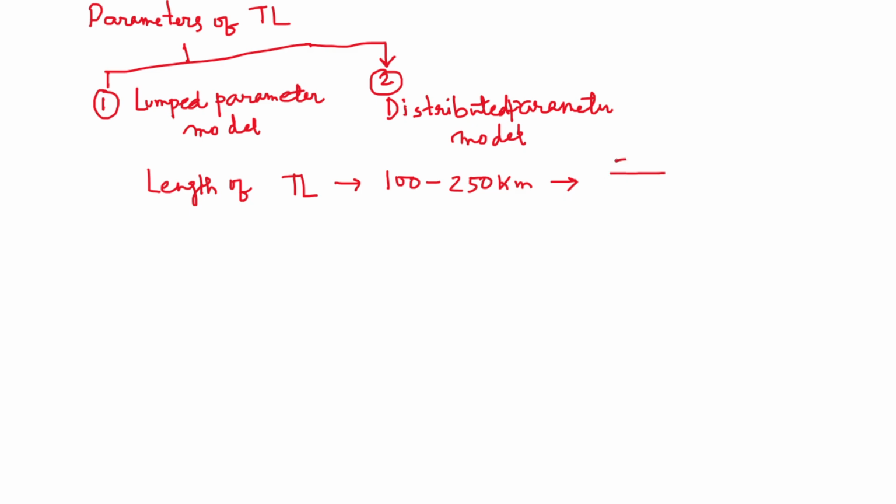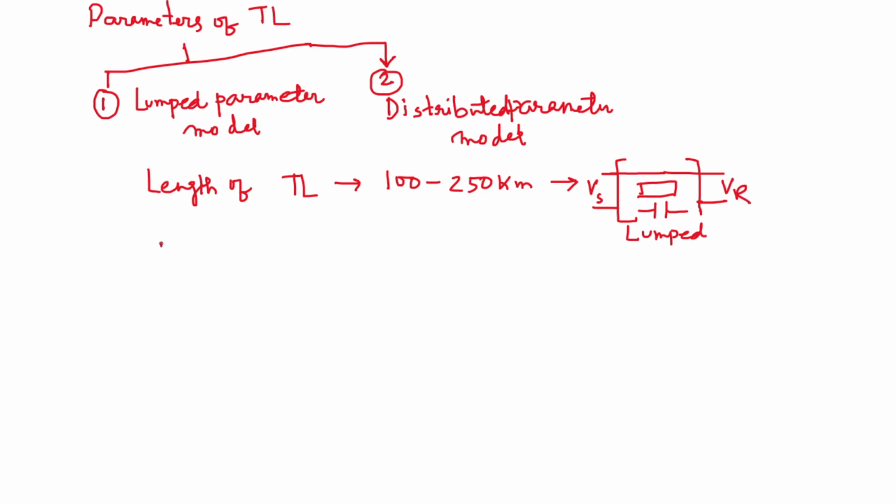That is called the lumped parameter model. That means the entire impedance and the entire admittance of the transmission line are lumped at this point. This is Vs, this is Vr.